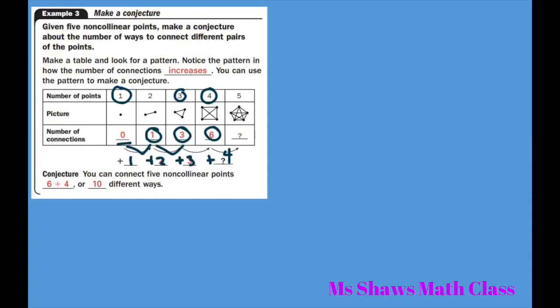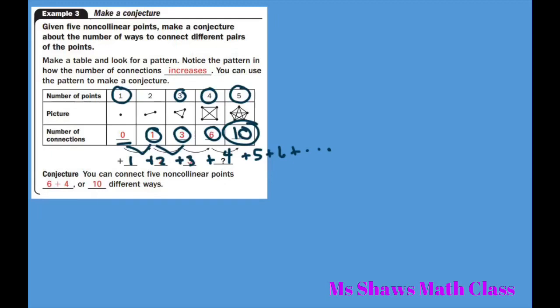Then the next one would be, if you keep going on, plus 5, plus 6, and so forth. These are called dots here. All right. So since we have at 5, that's going to be 6 plus 4. So this would be 10 different ways.